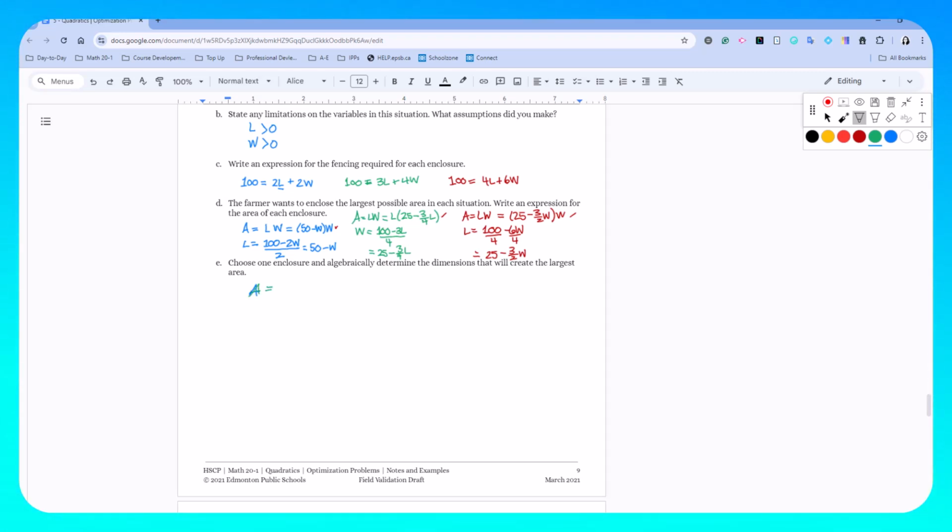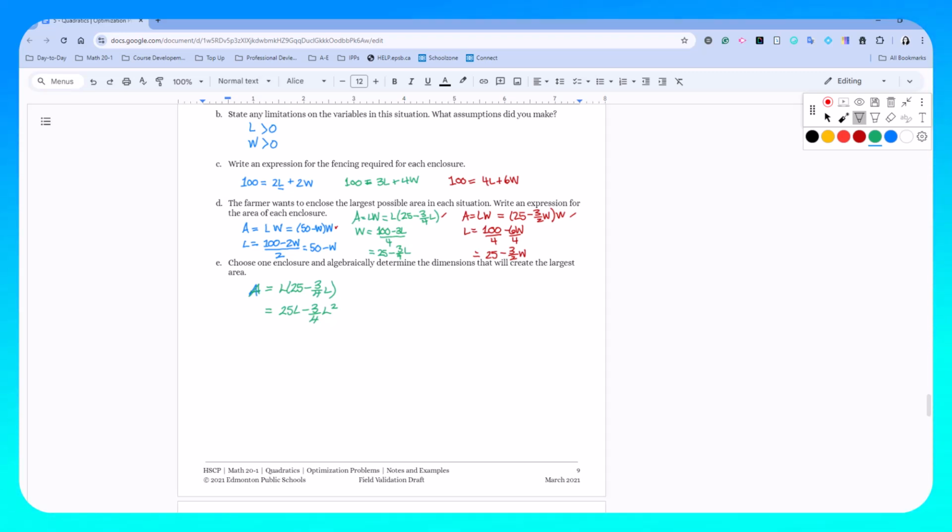A equals 25 minus 3 over 4 L. And let's go ahead and run that L through, so we get 25L minus 3 over 4 L squared.